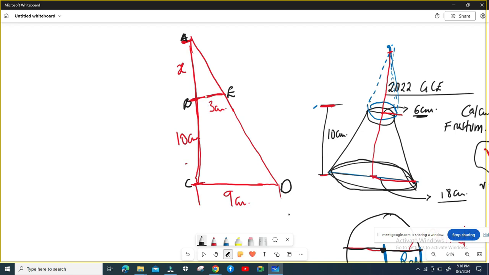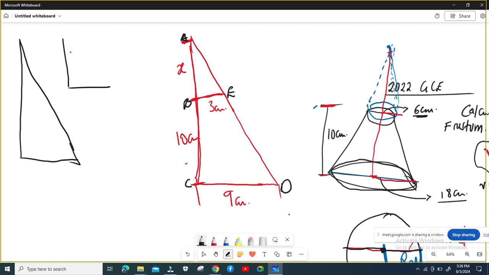It means that if two triangles are similar, then the ratio of their corresponding sides are proportional.